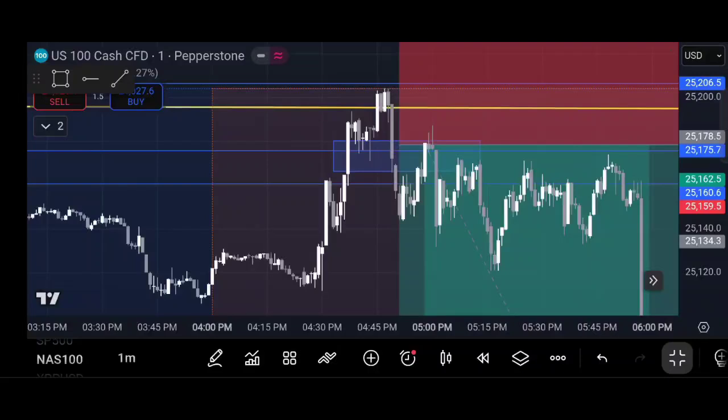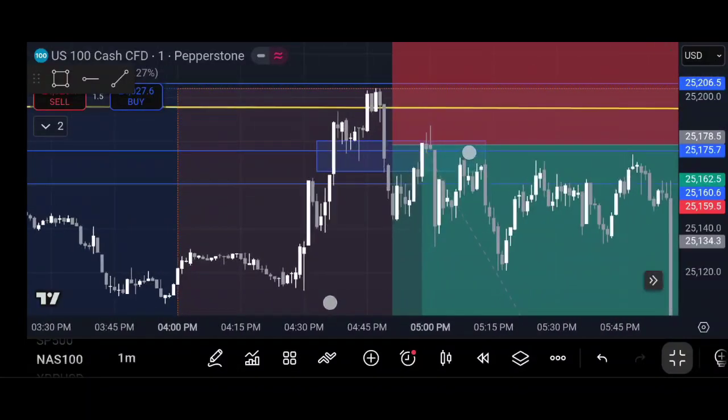We mark that FVG and wait patiently for the confirmation. That is when the sellers push into the fair value gap, inverse it and give us a candle close below the FVG. That's where we enter a trade, and for extra confluence we can wait for a retracement back, and that will be our entry point.